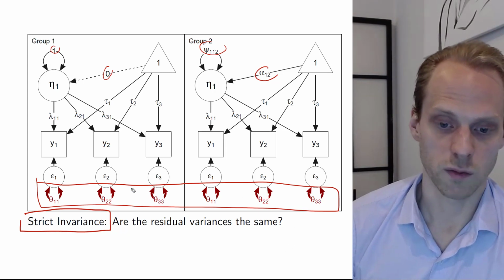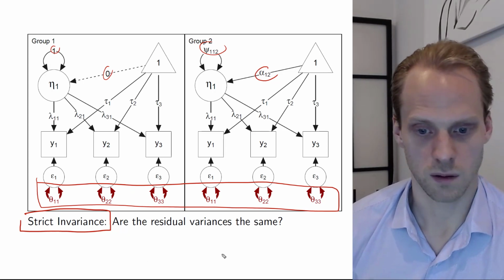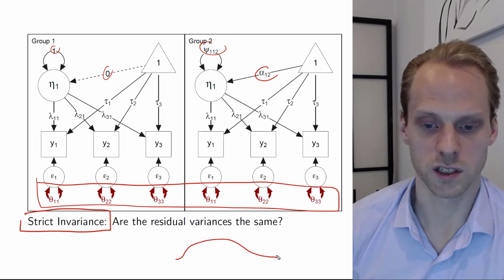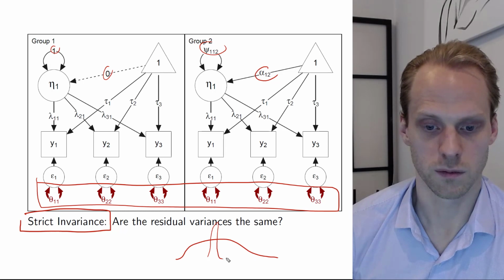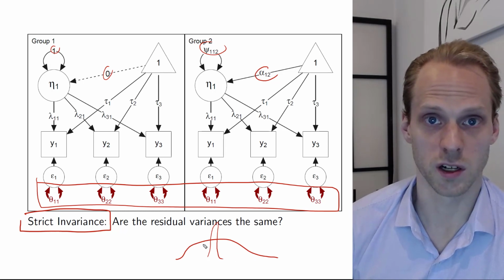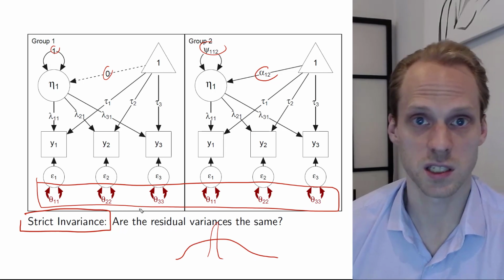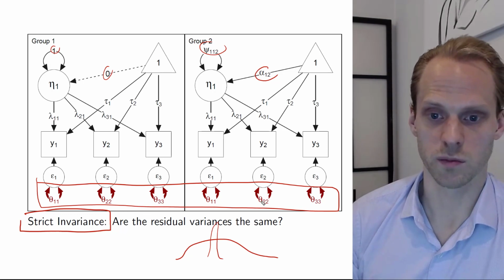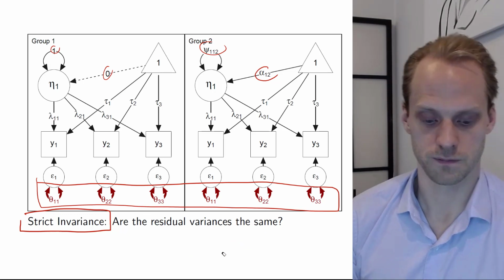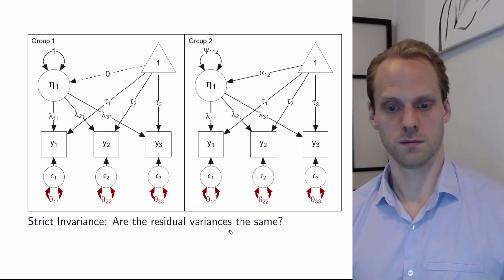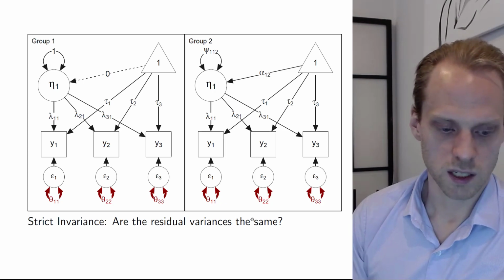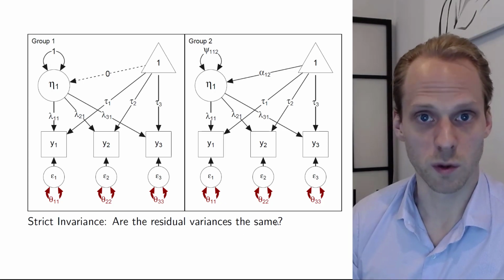It would mean that for one group the spread would be much larger than for another group. So the measurement error would be much larger, which means that the test is much more precise in one group than in another group. And that would also be very useful information to know. But if strict invariance does not hold, that doesn't mean that we cannot compare groups on their means anymore.